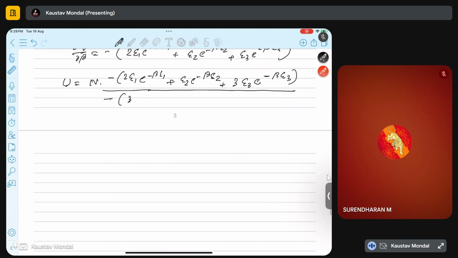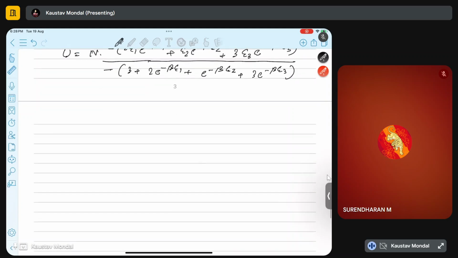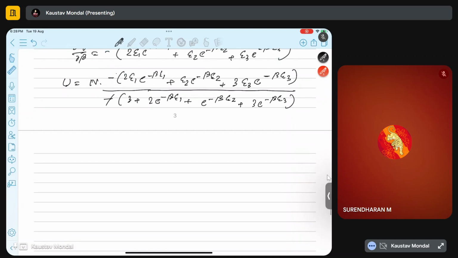So that is 3 plus 2 e to the power minus beta epsilon 1 plus e to the power minus beta epsilon 2 plus 3 e to the power minus beta epsilon 3. Now minus minus will simply cancel.